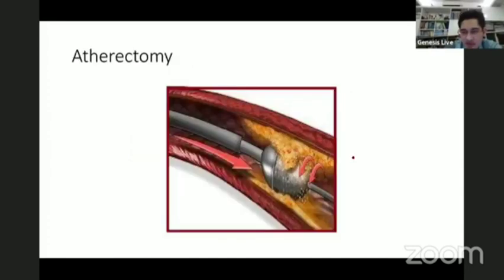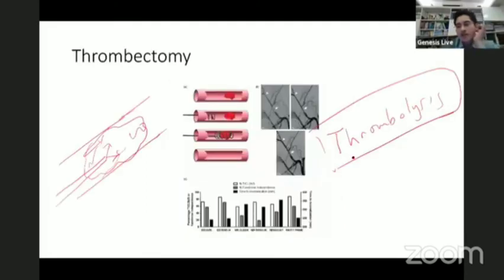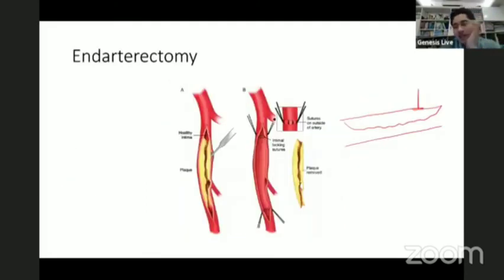This is because the intima is diseased. The intima, you know, is the internal layer of the vessels, and that layer is diseased. So what is done in an endarterectomy is the plaque together with the intima is removed. Even the intima is also removed.